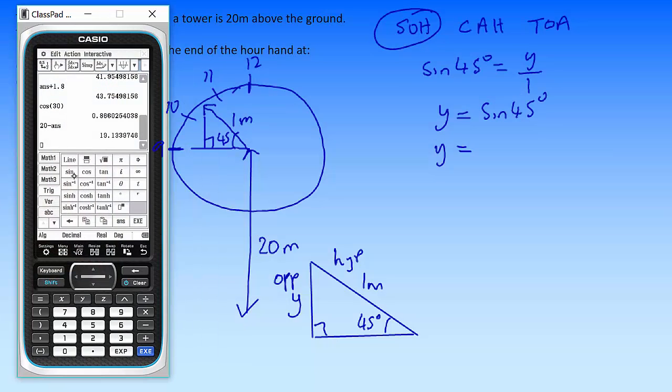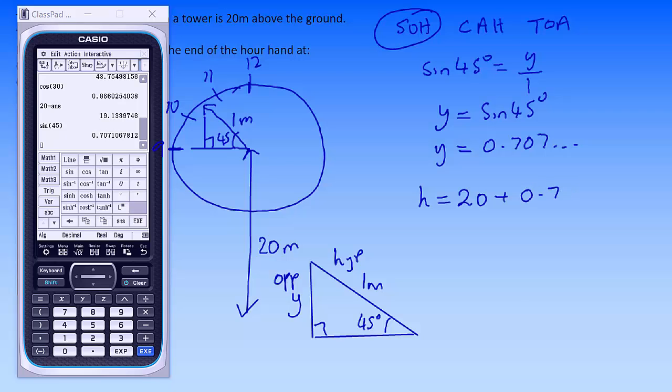So we want the sine of 45, 0.707, and so on. And then the height is just going to be the 20, add the 0.707, and so on. And so that is going to be 20.71 meters, correct to 2 decimal places.